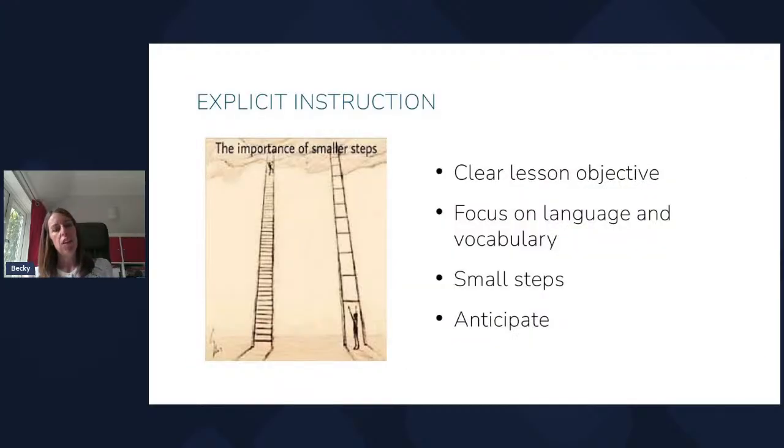So within explicit instruction, we could start off with planning. So before we even get into the lesson, thinking about when we're delivering that lesson, when we're about to start, have we got a clear lesson objective? And the emphasis here is the importance of small steps.